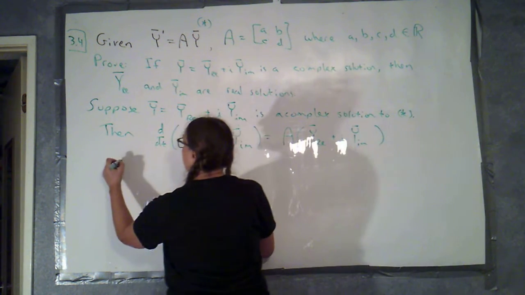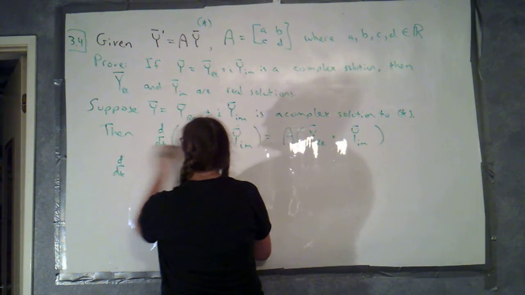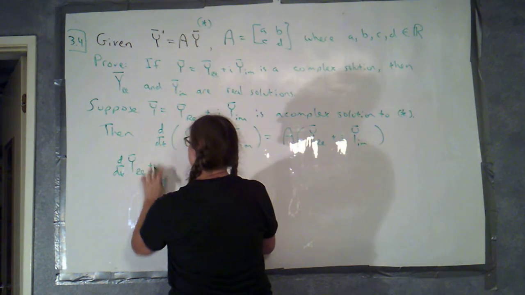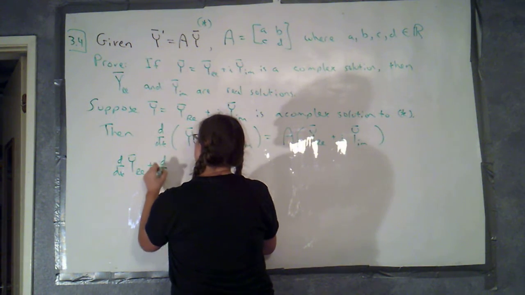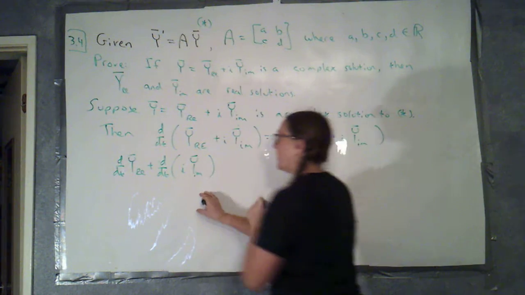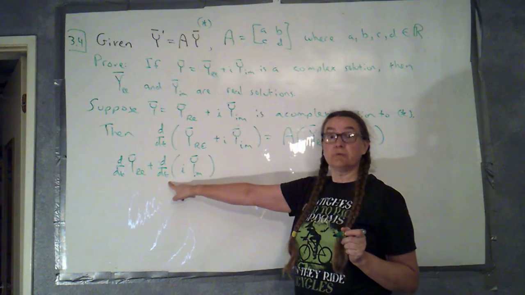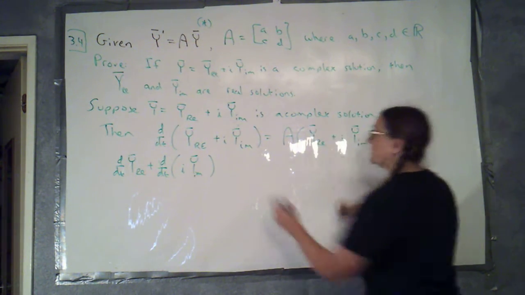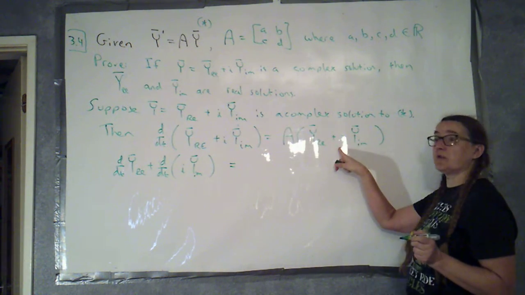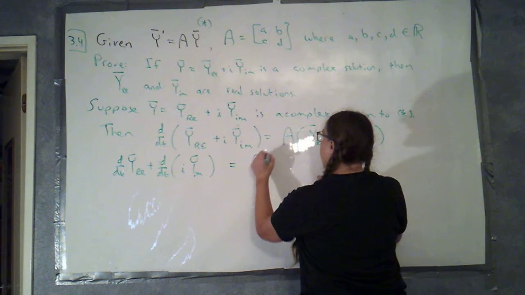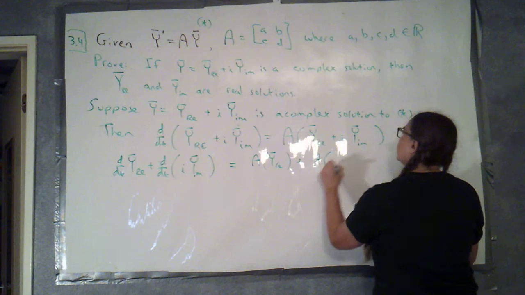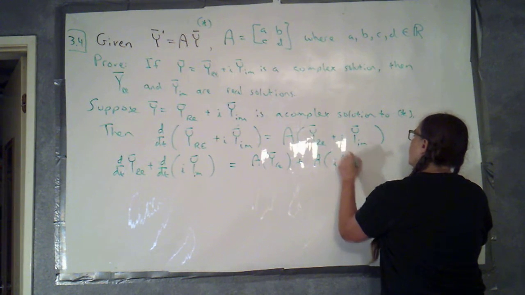Okay. So I'm going to say that this is the derivative of the real part plus the derivative of i times the imaginary part. That's just the sum rule for derivatives. Similarly, over here, I'm going to use the fact that matrix multiplication distributes over vector addition. So this is A times the real part of y plus A times i times the imaginary part of y.